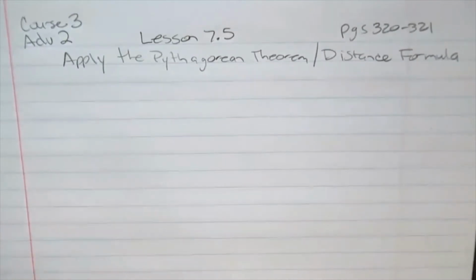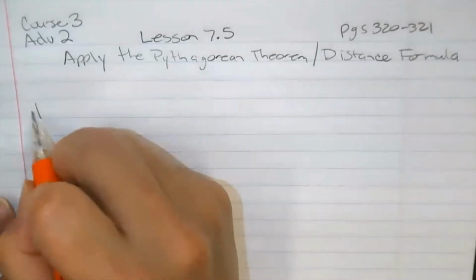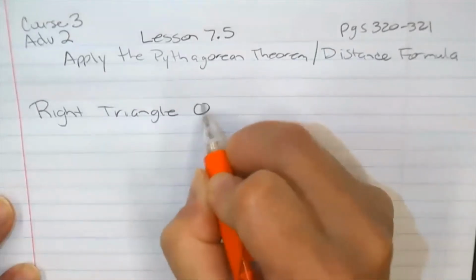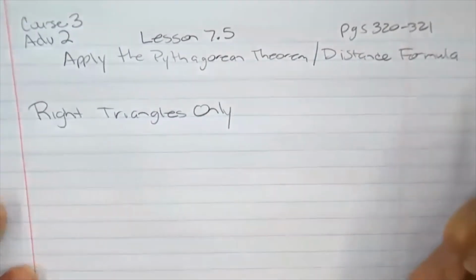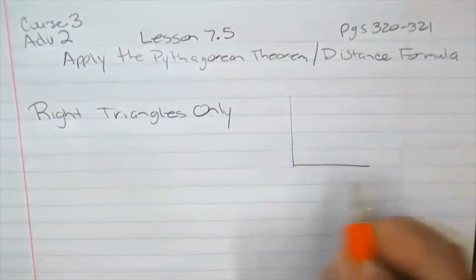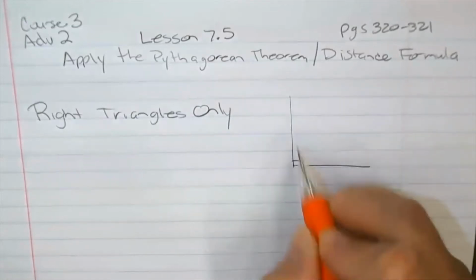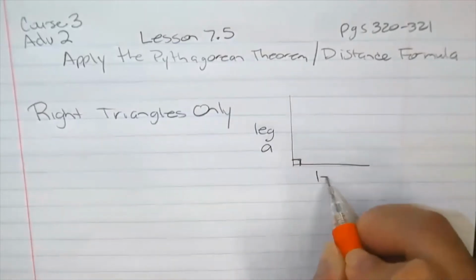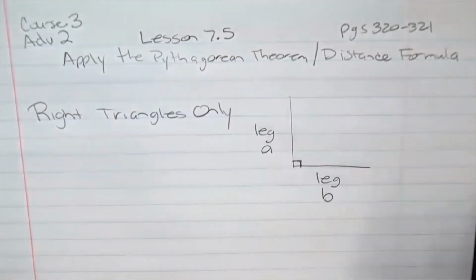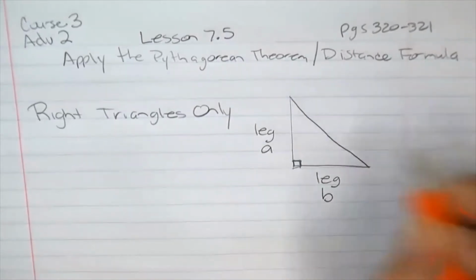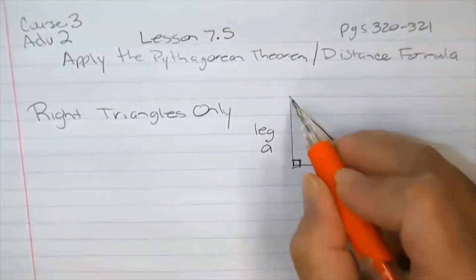So let's talk about the nuts and bolts of the Pythagorean theorem, what we know. We know that the Pythagorean theorem applies to right triangles only. And when we have a right triangle, the two sides that make the right angle are called legs, and they're represented by an A and a B. Now, the side that is opposite of the right angle, this is also the longest side.